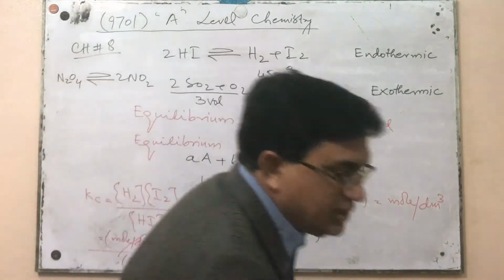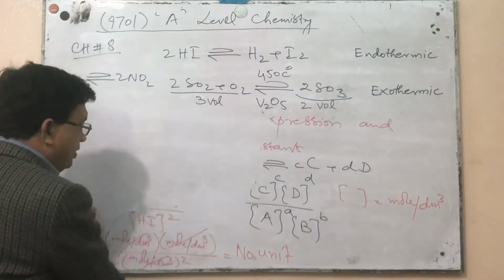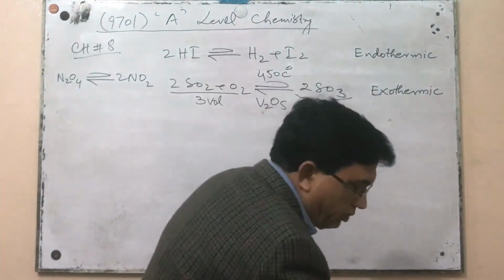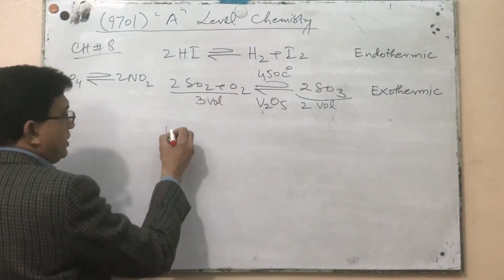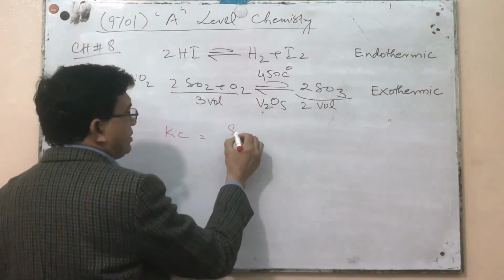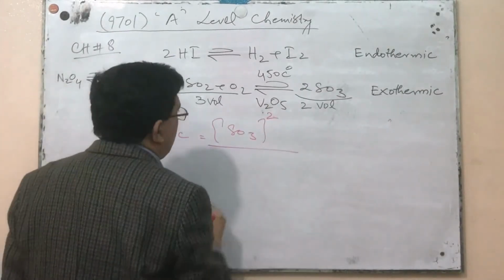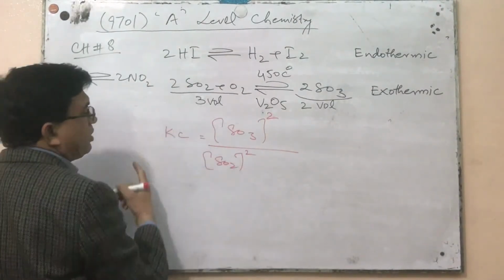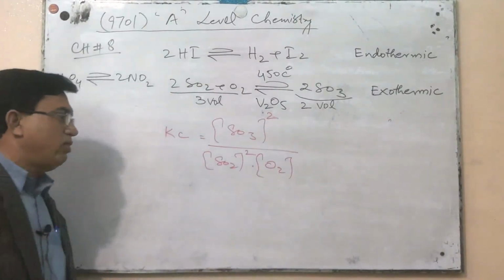But if we consider the second equation and put the values in the equilibrium constant expression, how will we calculate the units? Now, for this second equation, Kc is equal to SO3 molar concentration, as 2 moles are there, squared, divided by SO2 concentration squared, because 2 moles, and now O2 concentration raised to power 1.